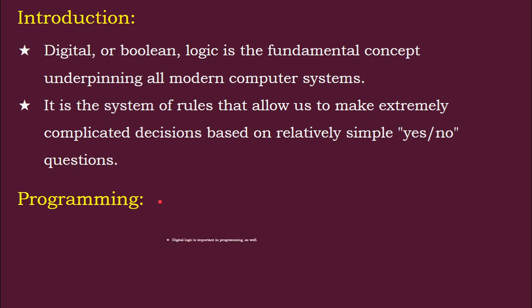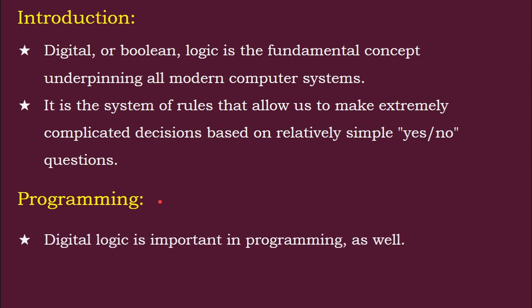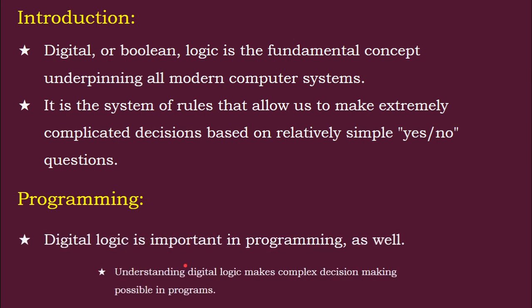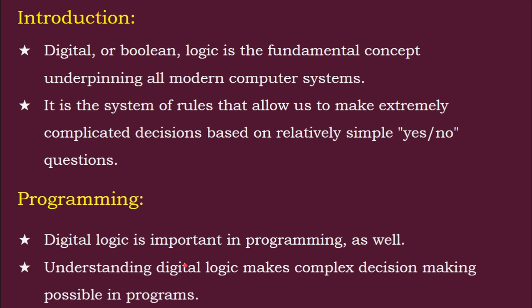And programming is another part where digital logic is used. So in programming we all use logic, that is digital logic. So understanding digital logic makes complex decision making possible in the program. So when you are making continuous decisions in multiple levels, you'll be able to bring some solution to the problems under consideration.